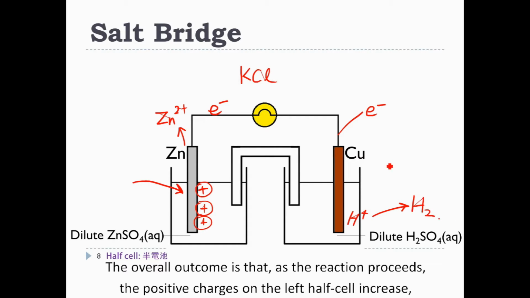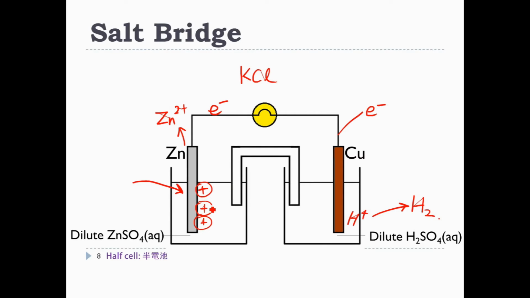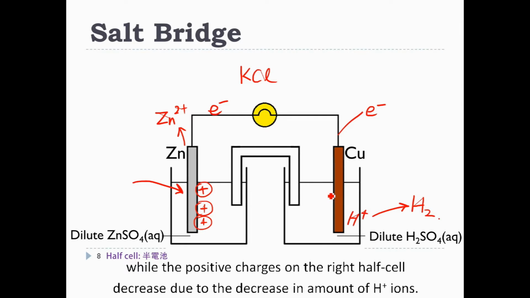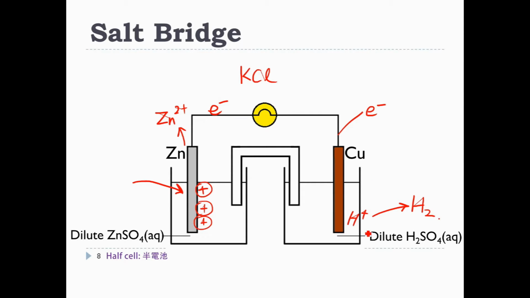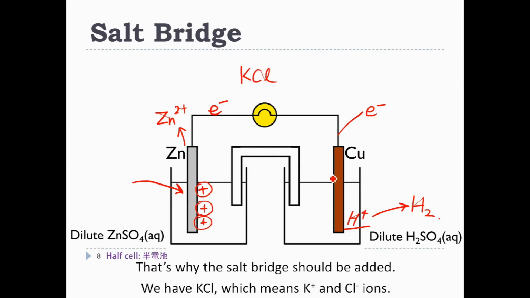The overall outcome is that, as the reaction proceeds, the positive charges on the left half cell increase, while the positive charges on the right half cell decrease due to the decrease in amount of H+ ions. That's why the salt bridge should be added.